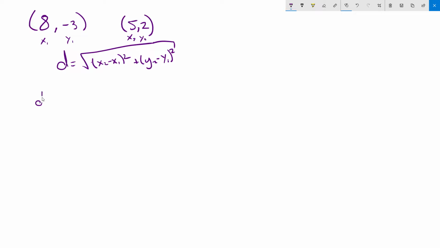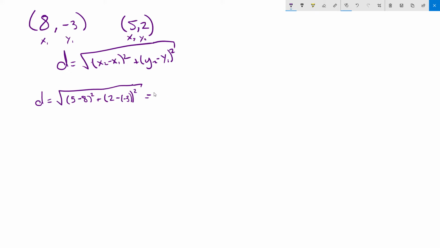So our distance will be equal to the square root of x2, which in this case is 5 minus 8, all right, squared, plus y2, which is 2 minus a -3, squared.